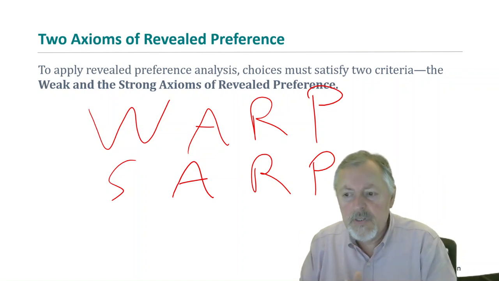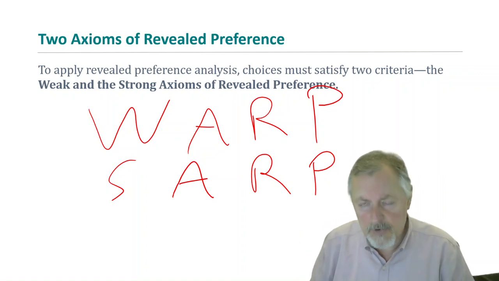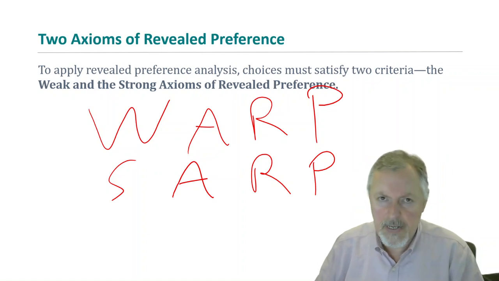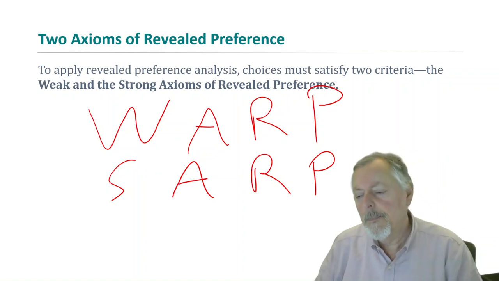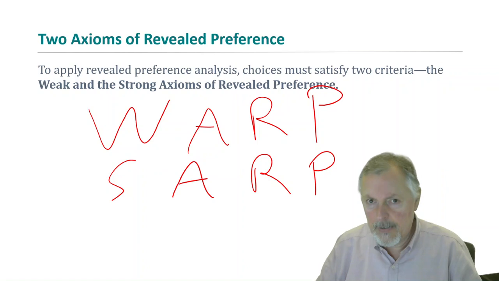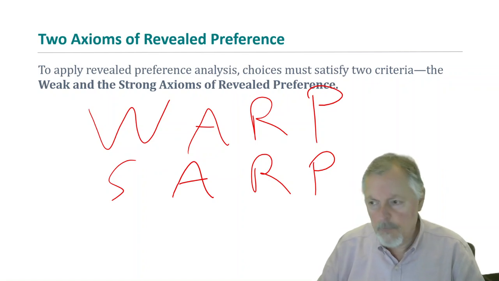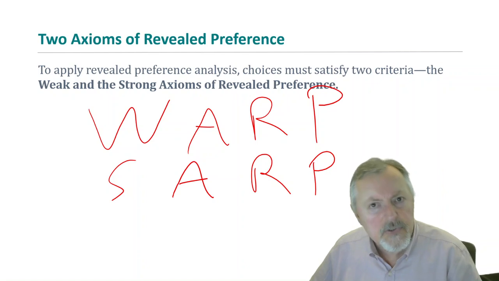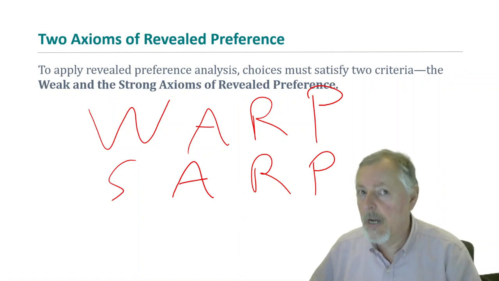There's a difference between the weak and the strong axiom of revealed preference in how restrictive they are on behavior, how strong a statement they're making about behavior. These are both essentially standards that you judge behavior by.